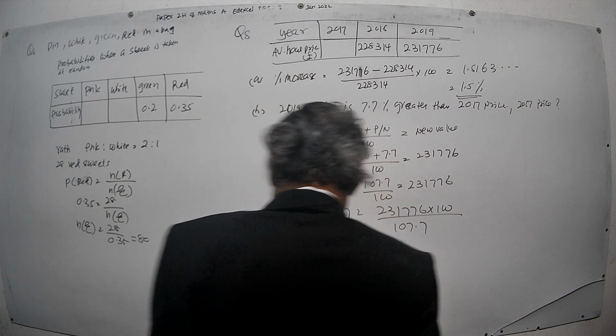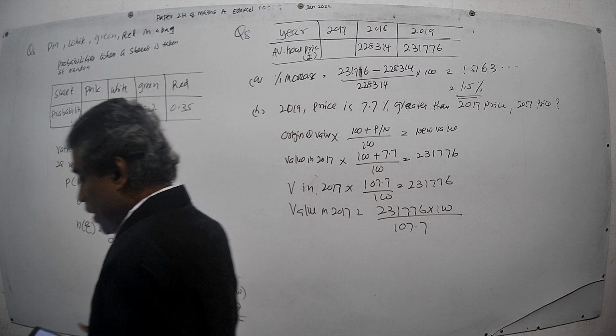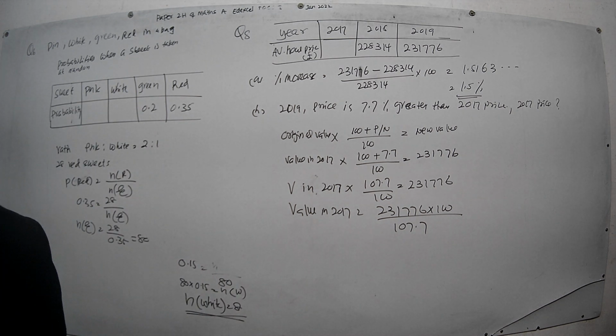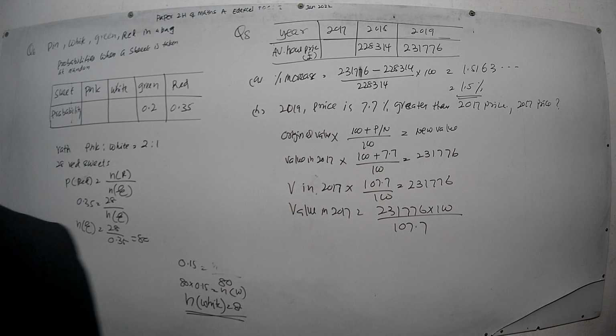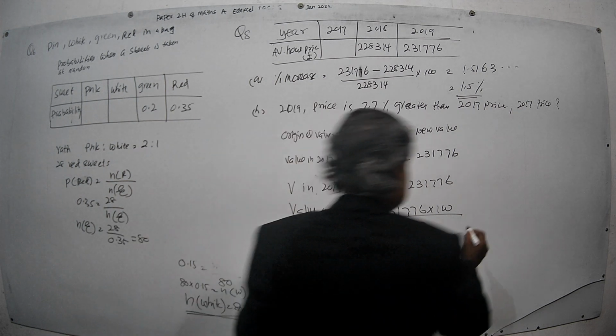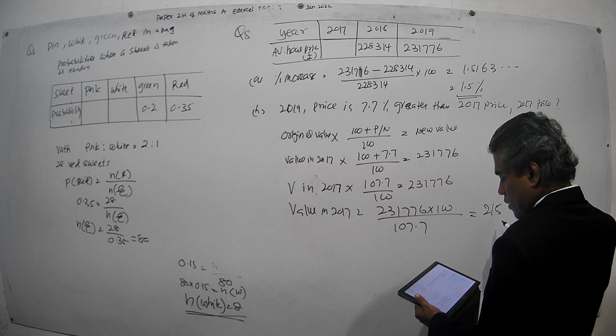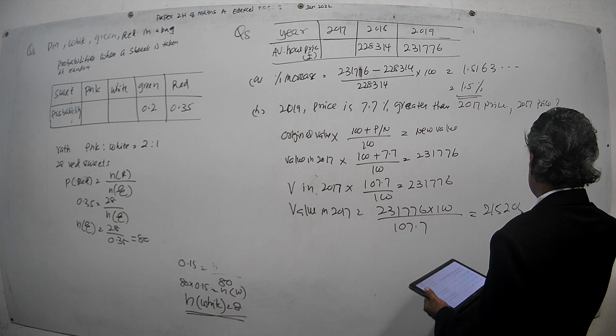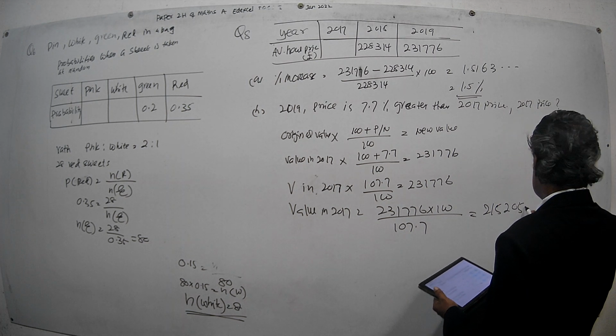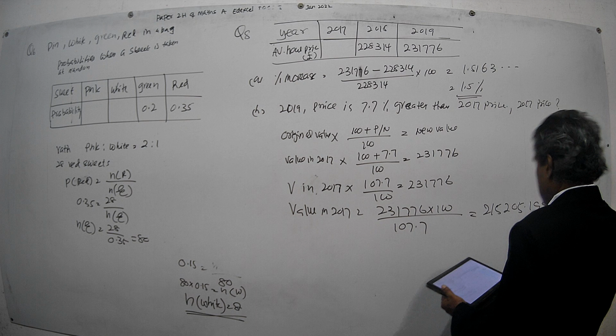That is how much? 215,205. There is a degree of accuracy there. You write this amount first. This is equal to 215,205.1996.